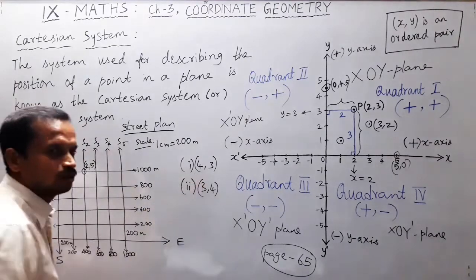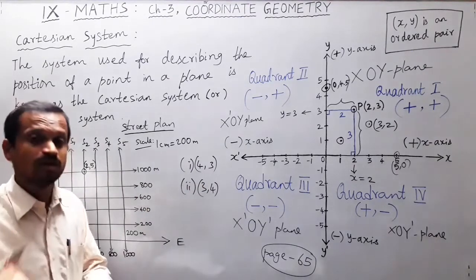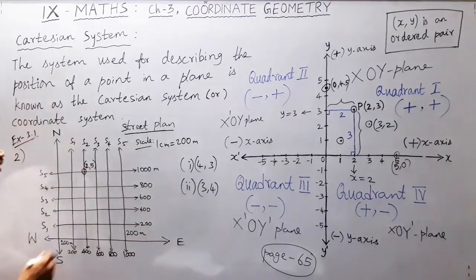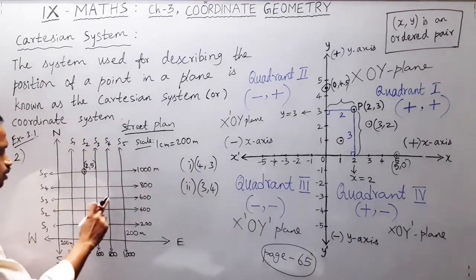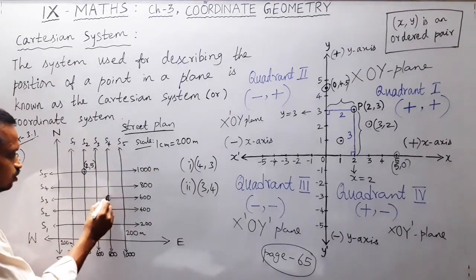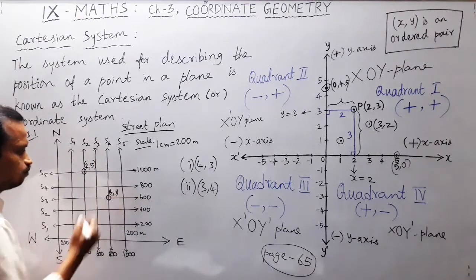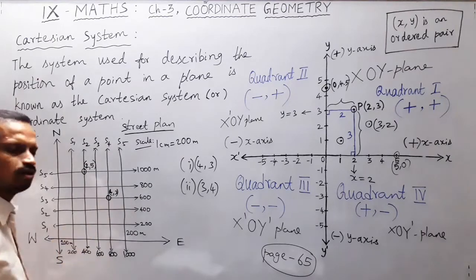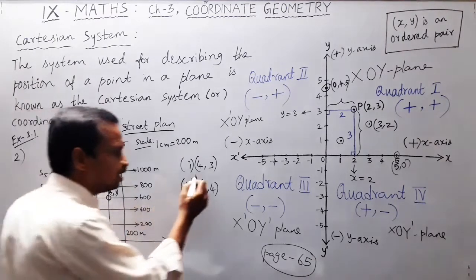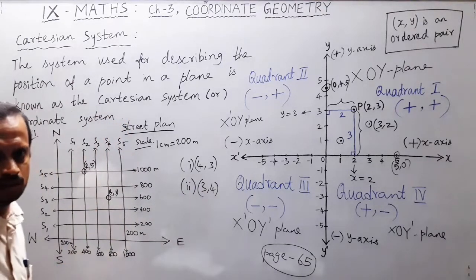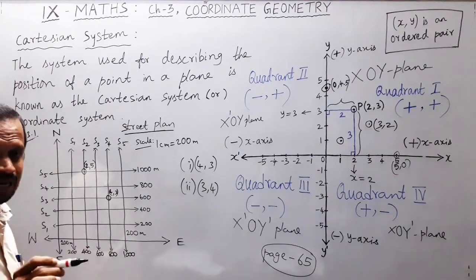So 4 refers to what? The first number refers to which direction? North-south, as it is given in the question. So north-south 4 means you can take S4, and 3 means here. You see, this point. So this is the 4, 3. Clear? How many cross streets can we get? Only one. So the answer is only one such cross street.